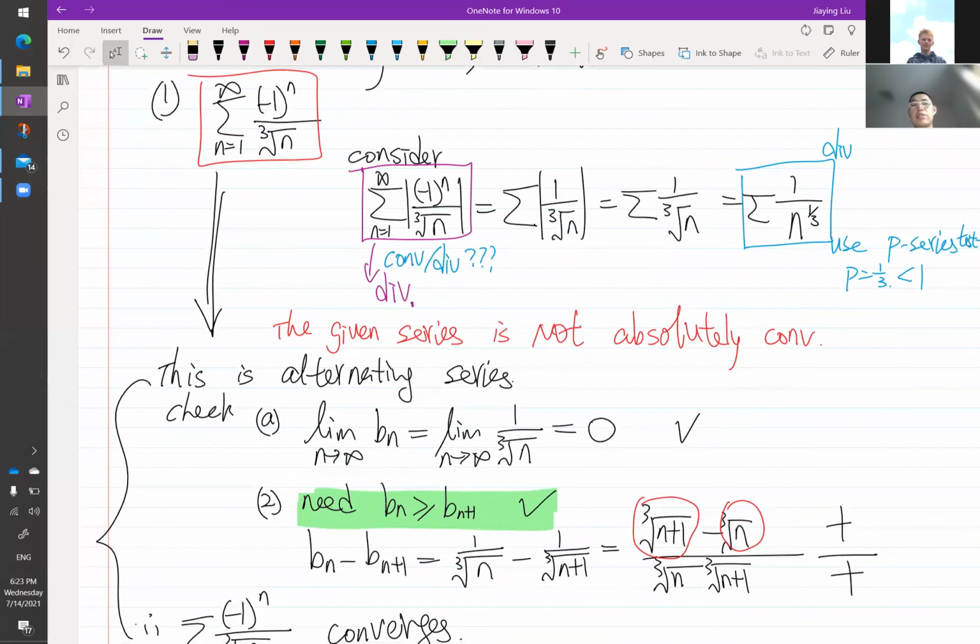So for the alternating series, if you want to find out if it's convergent or not, there's the alternating series test, which says the series is convergent if the limit of bn equals 0 and bn is greater or equal to bn plus 1, which means the terms are decreasing. So I did the first condition, it worked, it's satisfied. Then we still have to check the second condition. And that's the work that I did by finding the difference.